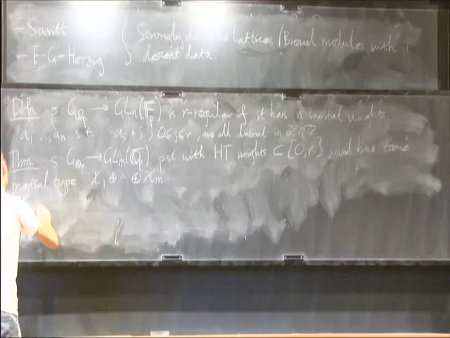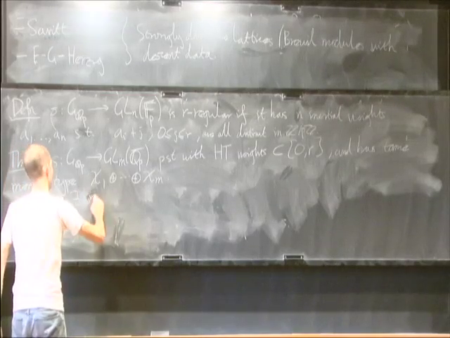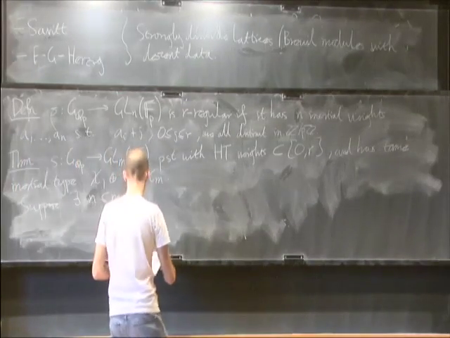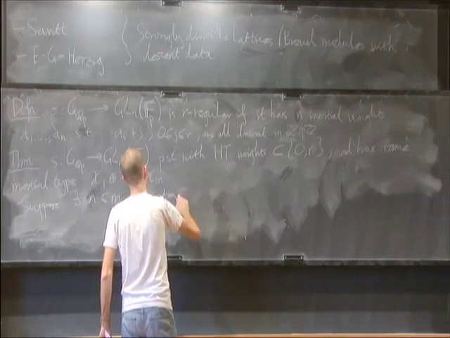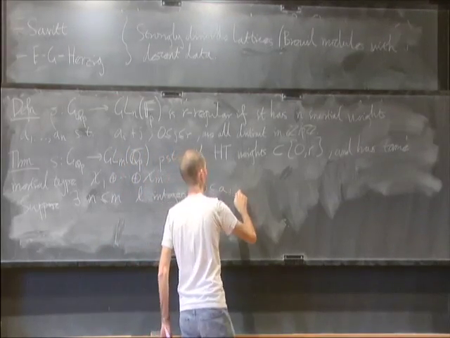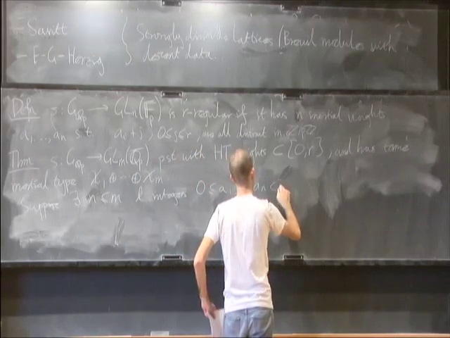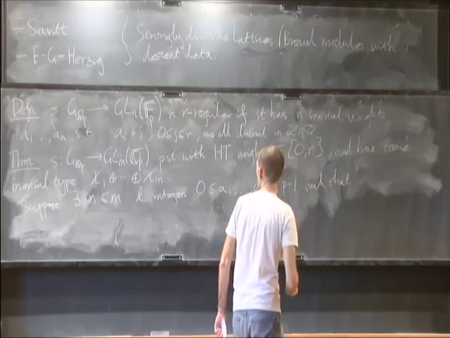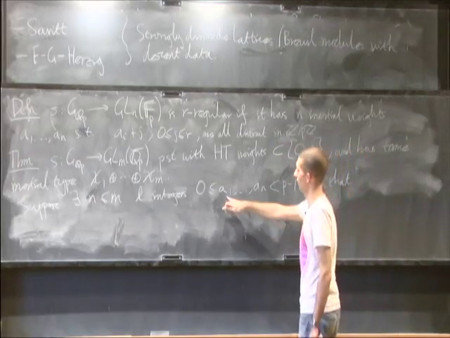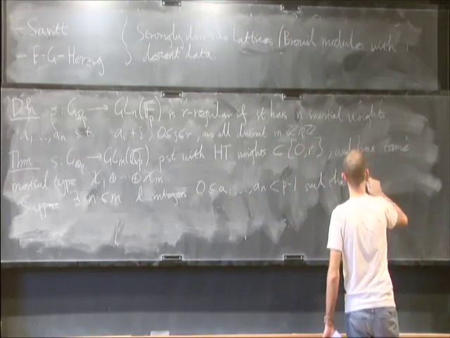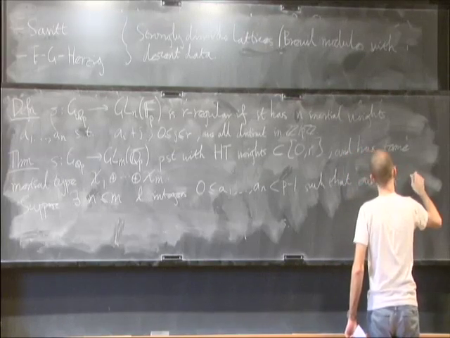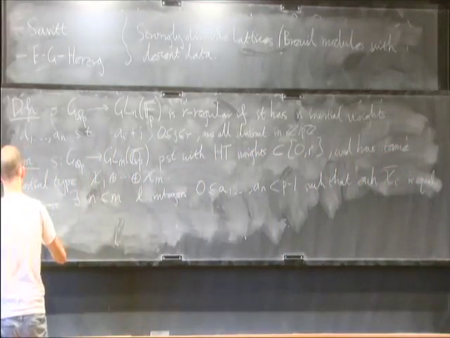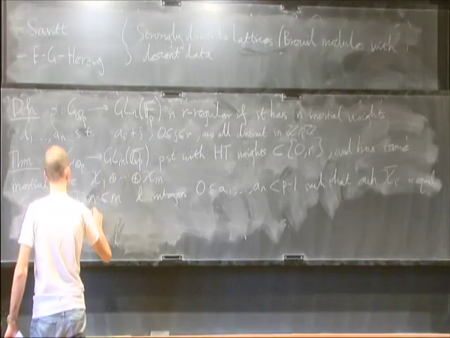Let's suppose that there is some number n at most m, which is the dimension we really care about, and integers a_1 up to a_n between 0 and p minus 1, such that if I reduce this tame inertia mod p, I just end up with omega to the power of one of these things, so that each chi_i bar is equal to some omega to the a_j.